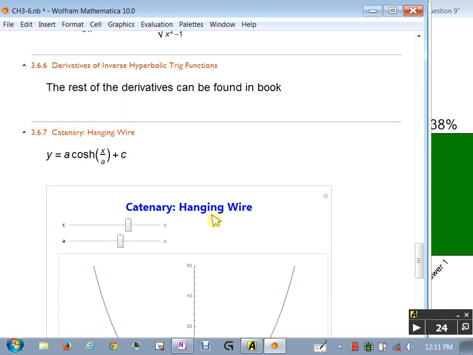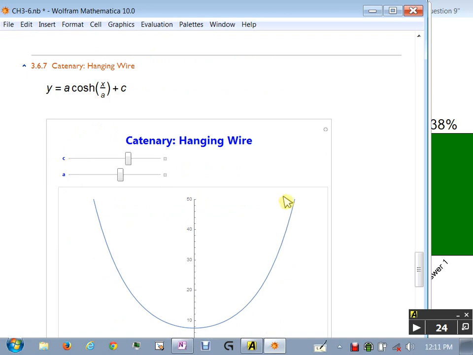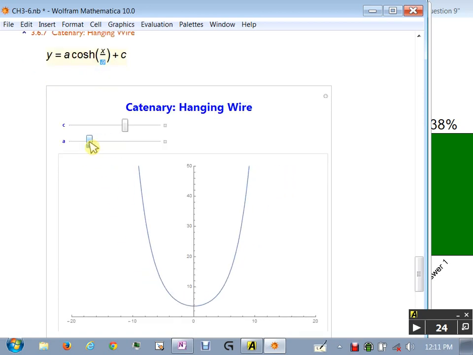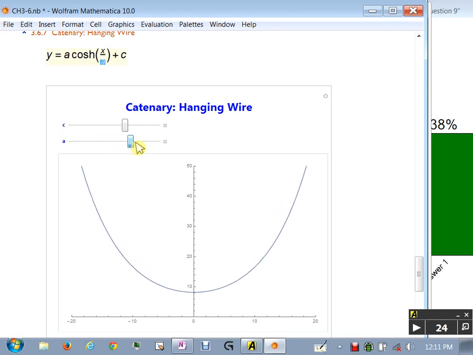And then I had the one example of a catenary, so I tried to motivate this section by showing you the value of having a hyperbolic trig function. Here it is. Depending on how you adjust the coefficient here and this number here, you can adjust the catenary to the spacing of the poles, so to speak.